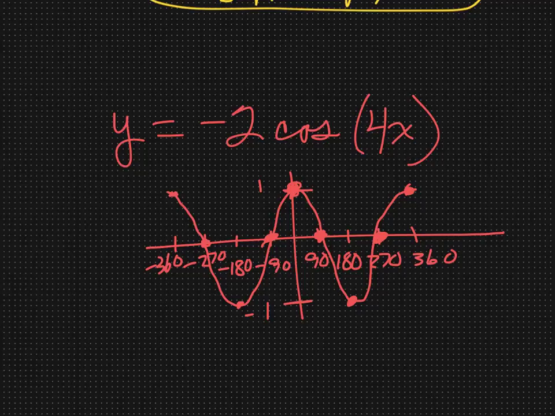And we know that the period is 2 pi over k, or 360 over k if you're in degrees. So in this case, the period of this function would be 360 over 4, which is 90. So where I used to be going from 0 to 360, now I'm going from 0 to 90.